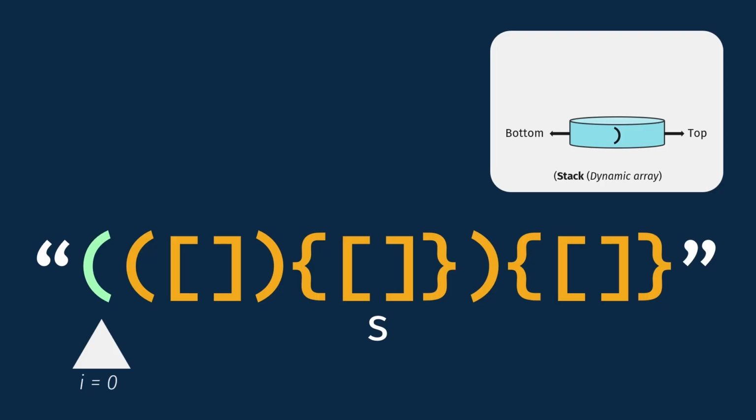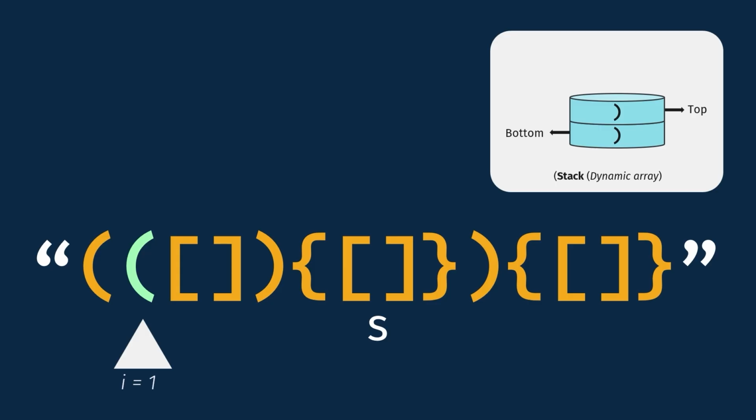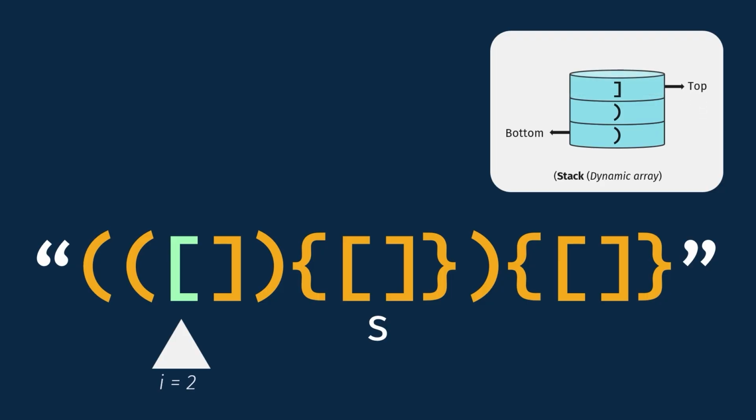We do this so that when we encounter a closing bracket later, we can easily check if it matches the one on top of the stack. At index 1, we encounter another opening bracket, so we push its corresponding closing bracket onto the stack as well. At index 2, we find yet another opening bracket, so we push its corresponding closing bracket onto the stack.